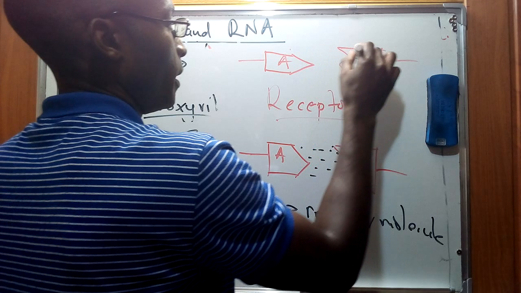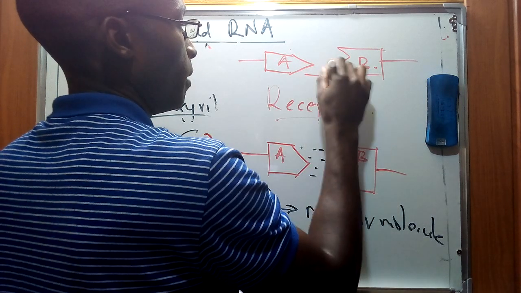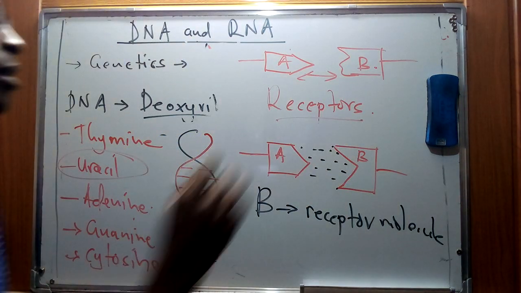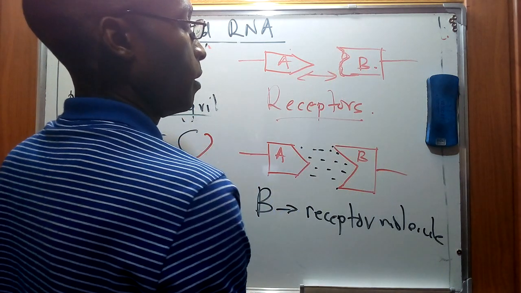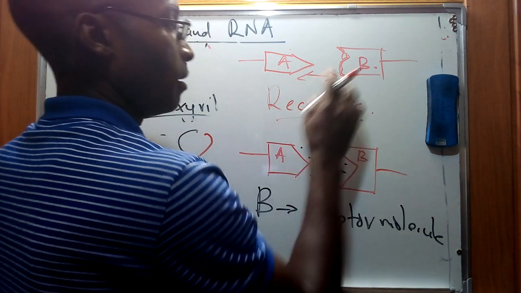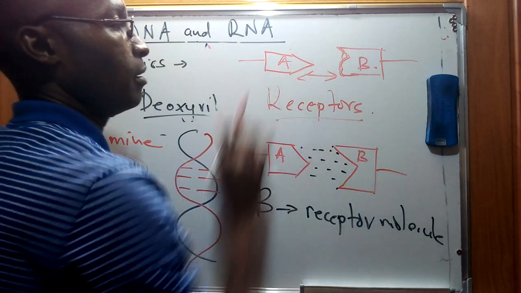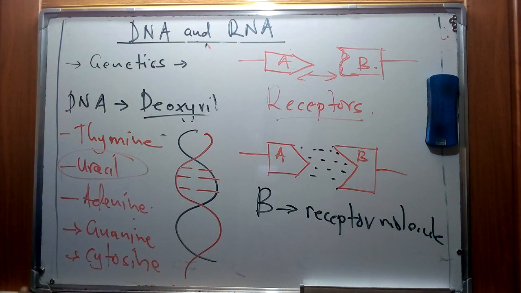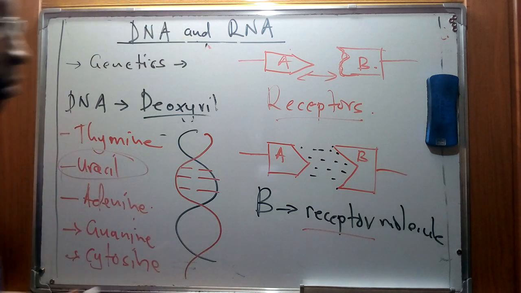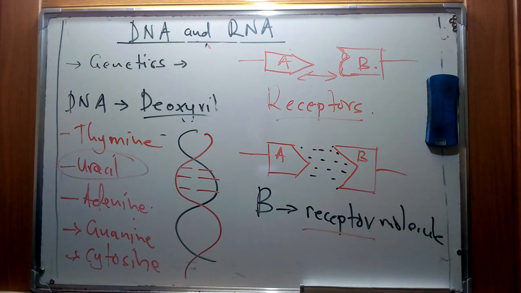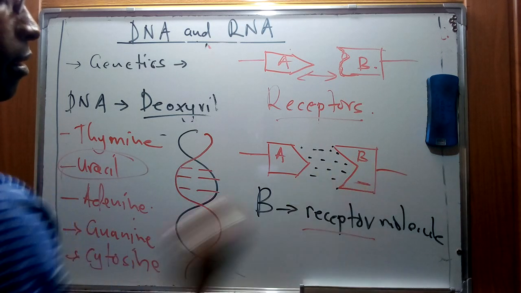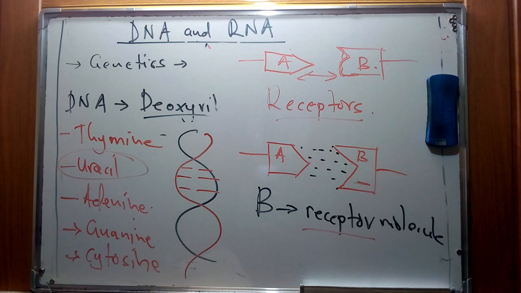Now, molecules A and B are not going to join together, because this meeting point, or the point of reception, is crooked in a way that it cannot fit in this particular molecule. So molecules which are able to accept one another, conform and join together harmoniously, like the one I've demonstrated, can be referred to as receptor molecules.